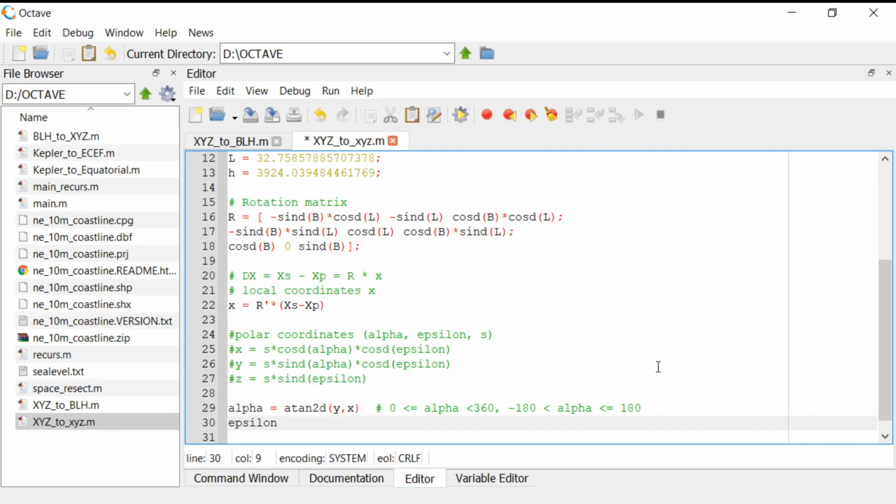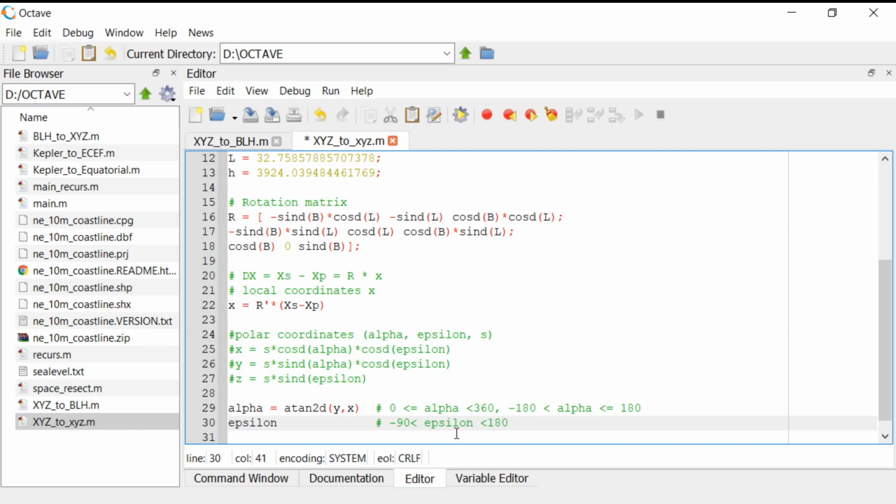Epsilon, as you know, so here we can write down the range of epsilon. It is between minus 90 and plus 90 degrees. So it will never change.